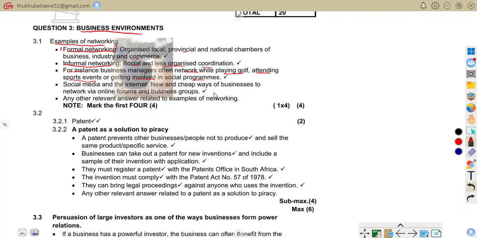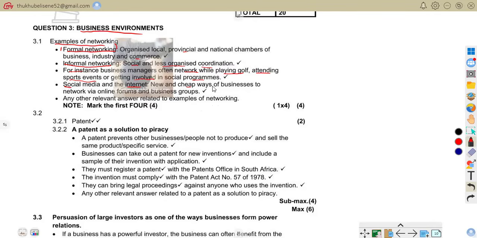This is networking through sports or social activities. For example, a manager meets potential clients while playing golf. That is where we see business connections formed while taking part in sports or community activities. Also, it further says social media and internet.